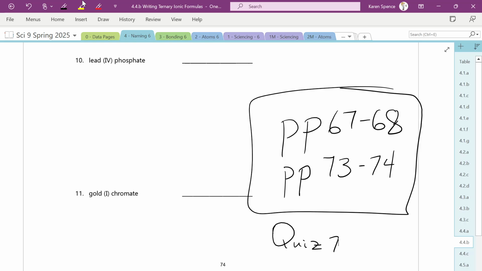Barium is +2. Hydroxide is -1, so you need 2 of these. Sodium is +1. This is -2, so you need 2 of these. And then finally, we have nickel, which is 2+.